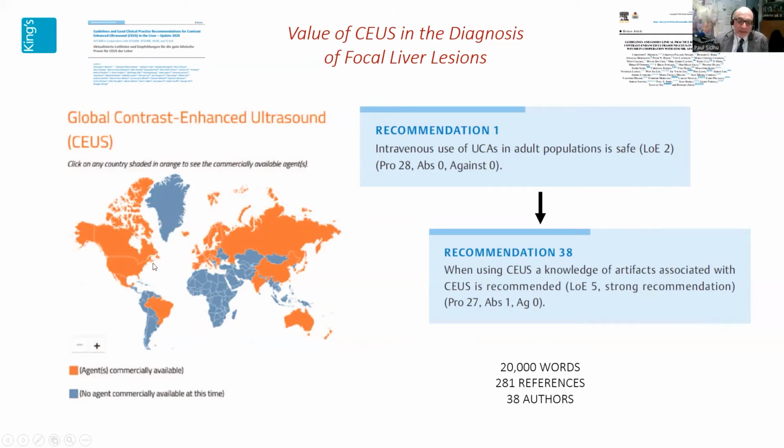SonoVue, which is the ultrasound agent that we use mostly in Europe, is widely available throughout the world. And the only areas where it's not licensed for use is not so much because of issues of safety or things like that, but is actually a commercial decision.